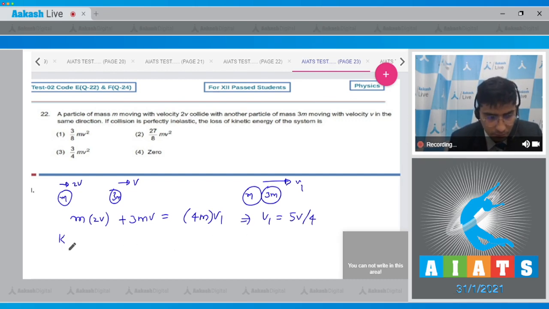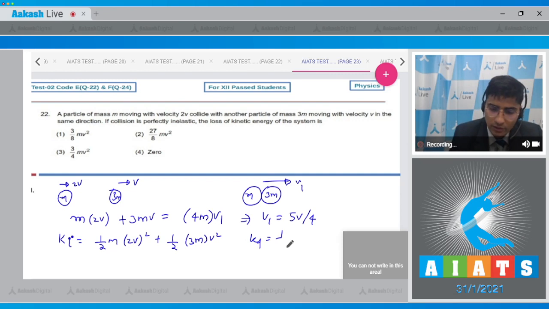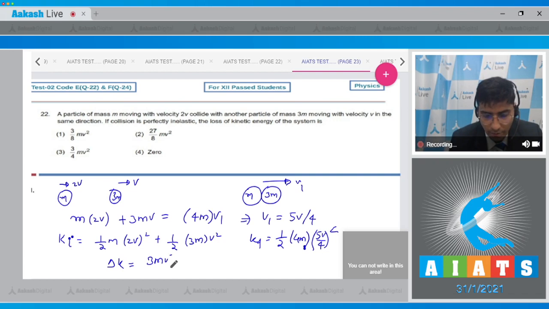Now the initial kinetic energy will be equal to half m (2v) square plus half 3m into v square, while the final kinetic energy will be half into total mass 4m into velocity 5v by 4 square. Now let us find the loss in kinetic energy. The loss in kinetic energy, dear student, will be equal to 3mv square by 8. And hence for this question the correct answer is option 1.